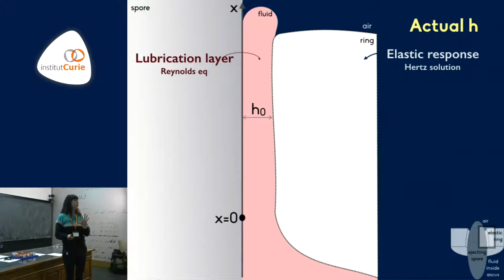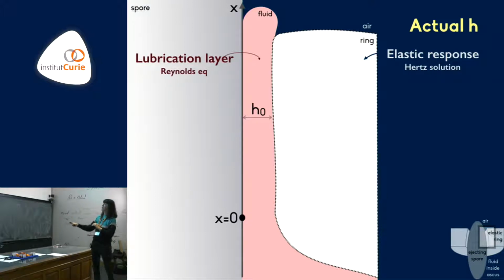This is a magnification of the contact between the spore, which is now this huge gray thing on the left, and the ring, which is now this huge white thing. This is the cross-section. And this pink thing is the fluid that's in between them. What selects the thickness of this fluid layer is a combination of the fluid dynamics of this pink layer and the elasticity of this ring.